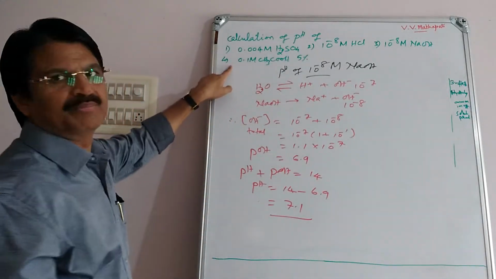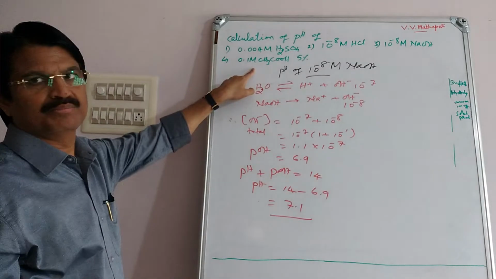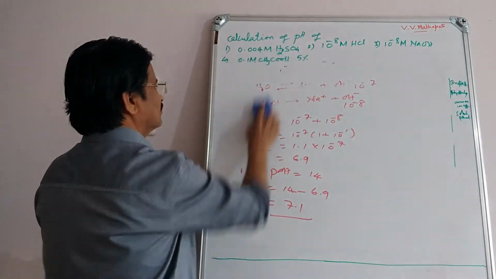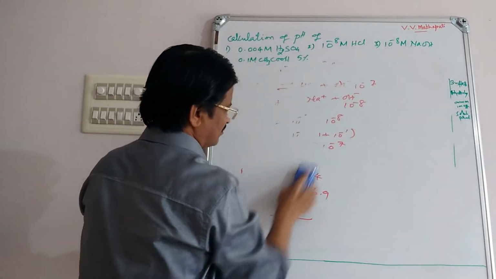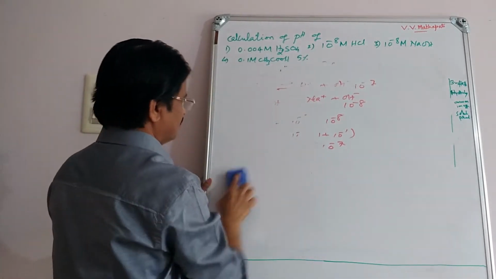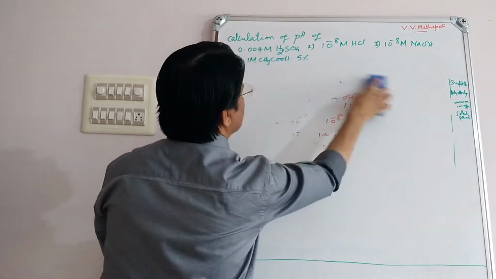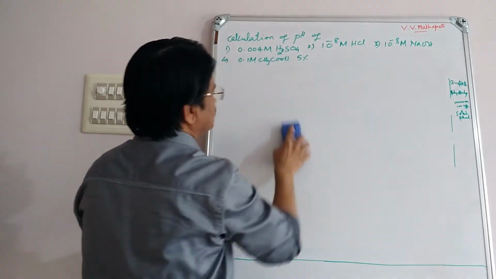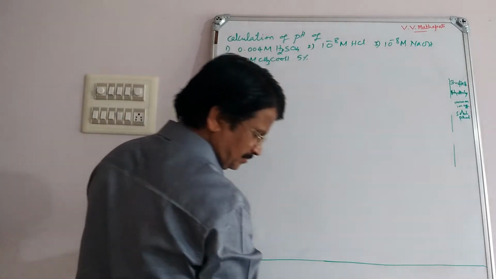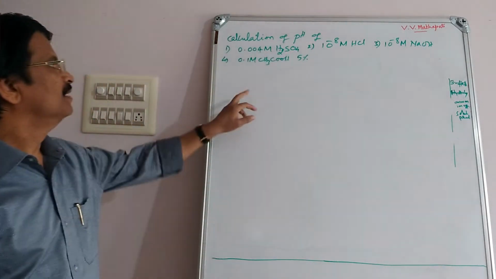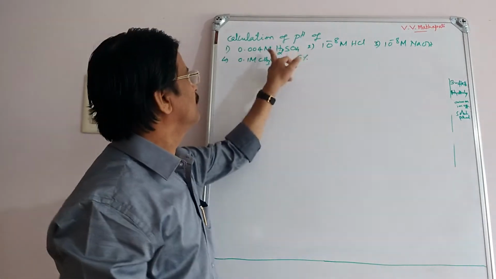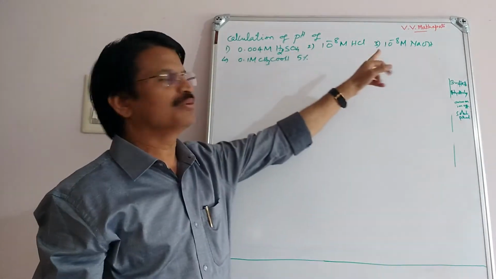And last, one more example, you will solve a problem based on the pH value. Just think, in examples first, second, third, in all three, a strong acid or strong base is given.